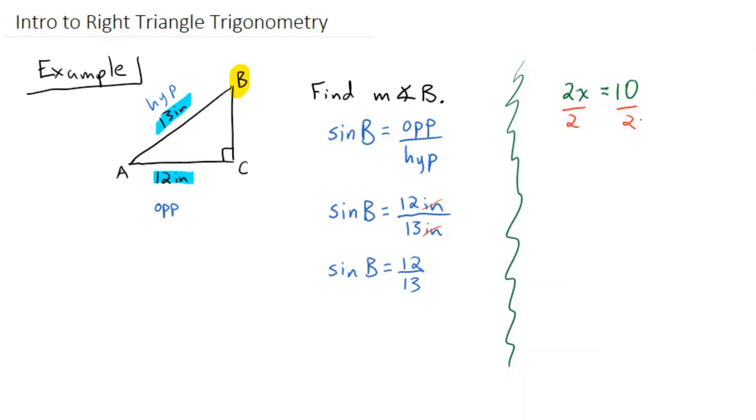And the reason why is because x is being multiplied by 2. So we need to do the opposite operation in order to get x by itself. But the reason why that works is because when you apply the opposite operation, it causes that stuff to cancel out. And we're just left with x equal to 5. We do the math on the right side. But that opposite operation business is what kills off the stuff that's hanging out with x.